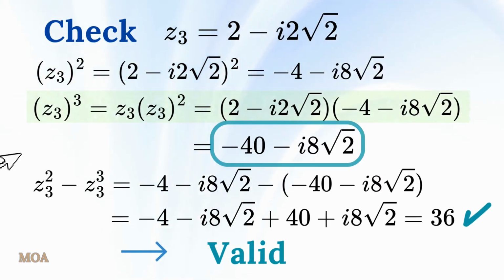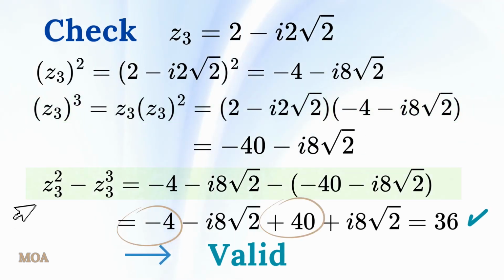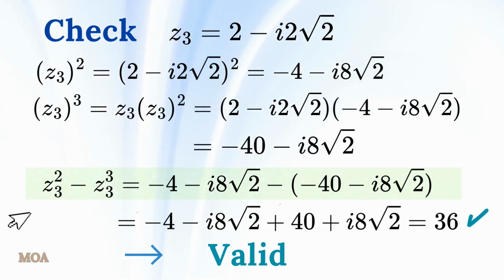Next, we compute z sub 3 cubed, which equals negative 40 minus i times 8 times the square root of 2. Now, replacing these in the expression z squared minus z cubed, and after rearranging terms, the final expression of z sub 3 squared minus z sub 3 cubed becomes negative 4 minus i times 8 times the square root of 2, plus 40 plus i times 8 times the square root of 2.